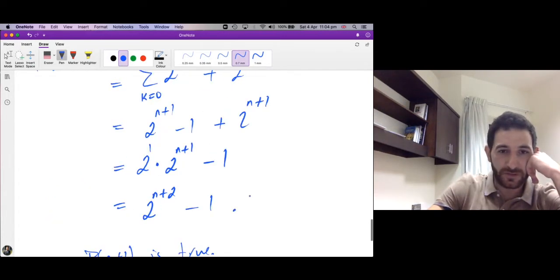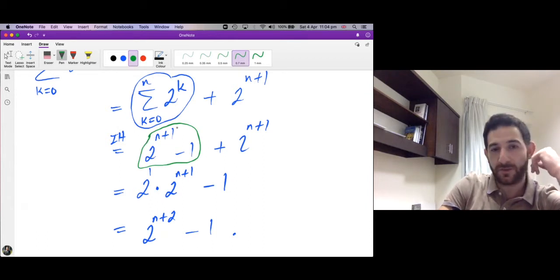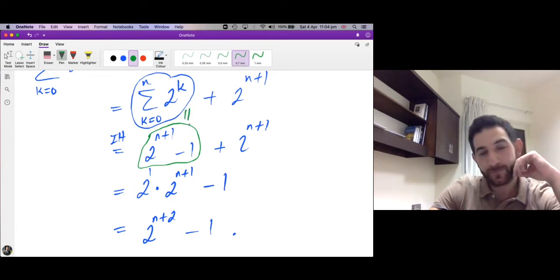Okay, where did we use the induction hypothesis? At this step. We know that this summation is equal to this number by the induction hypothesis because we assume that n has the property P, and what is the property? That the blue number is equal to the green number.